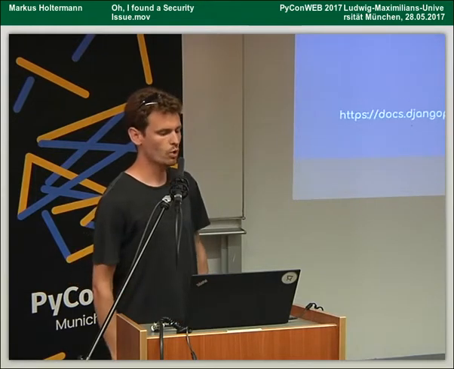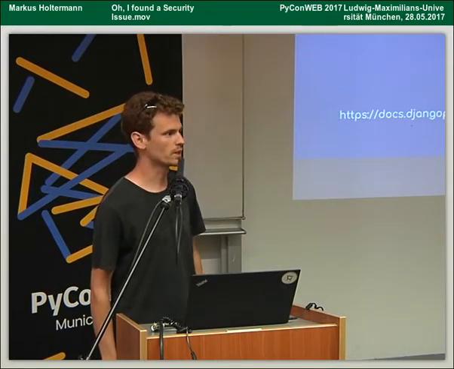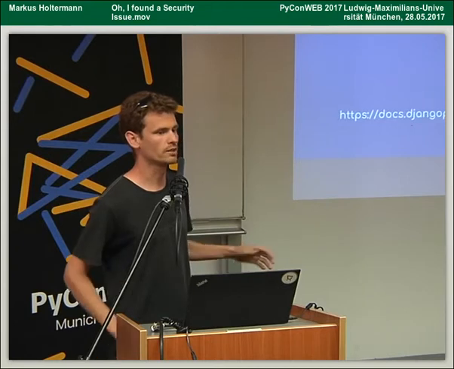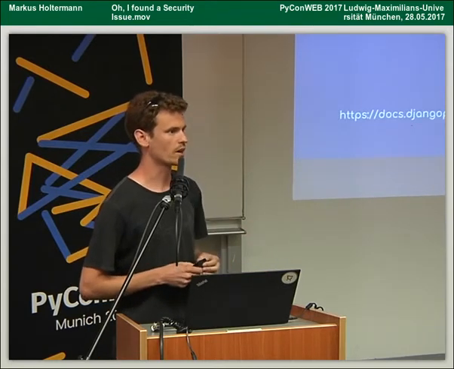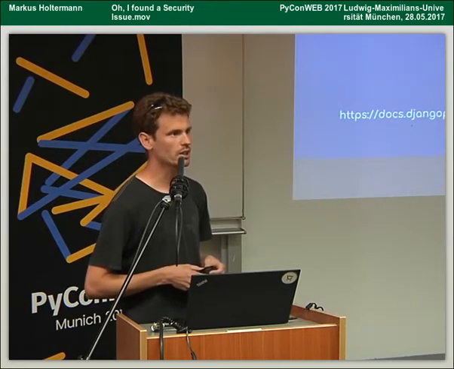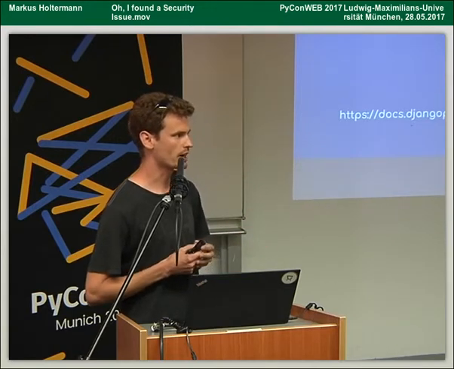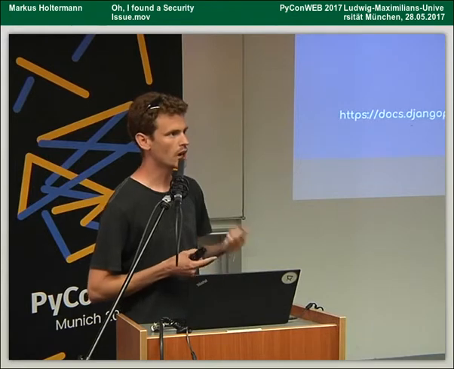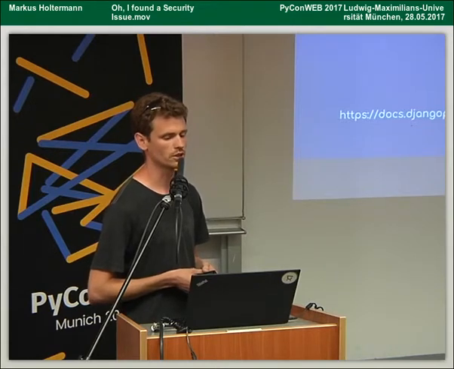So what's Django's security policy? First and foremost, you have to look into this link, which will basically describe most of what we are saying here, but we will also describe some stuff in more detail. So security in Django, we take it seriously, and we have at every time 4 releases which are under active support. Most boringly is the master branch, which sees obviously every commit and also every security commit.